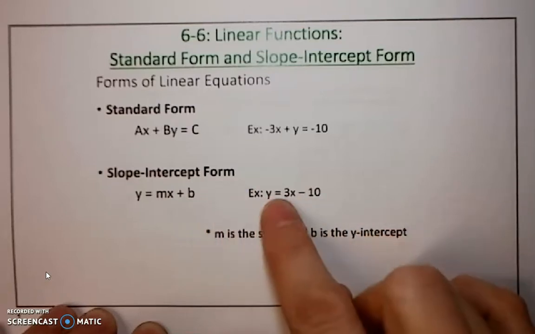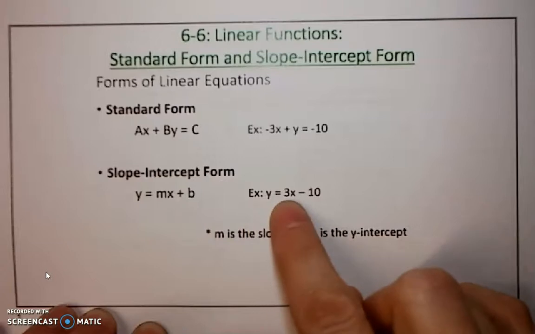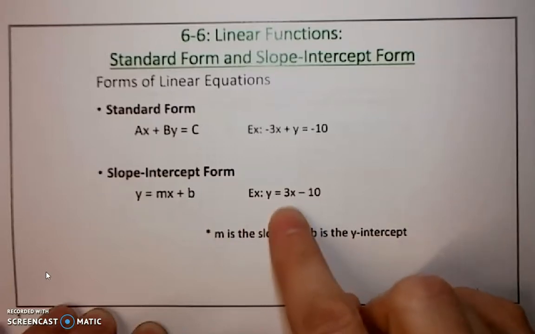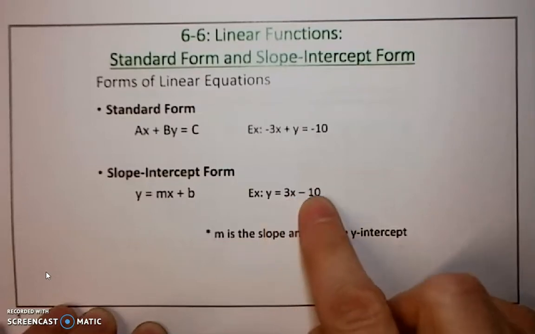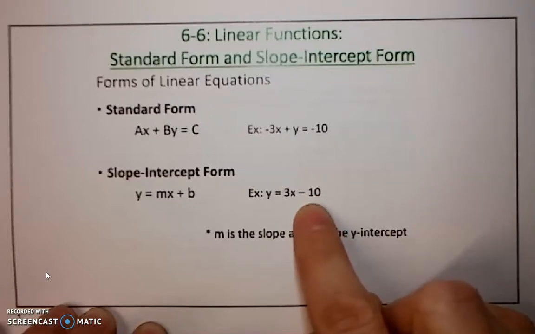When it's in slope-intercept form, I can identify the slope, which is always m, the number before x. So here my slope is positive 3, and then this line intersects at negative 10. So b here is my constant, which is the number without an x variable or y variable. So here, my y-intercept is negative 10.